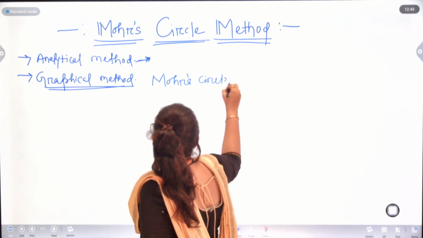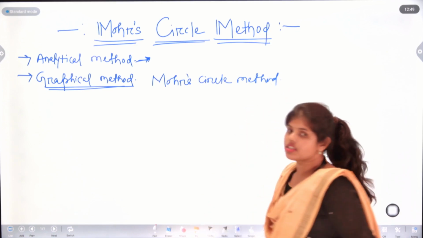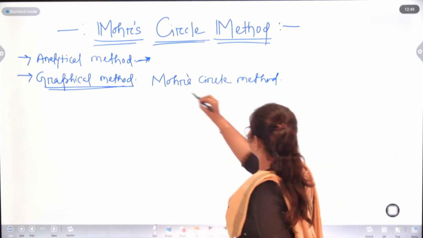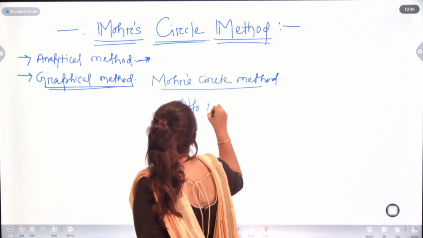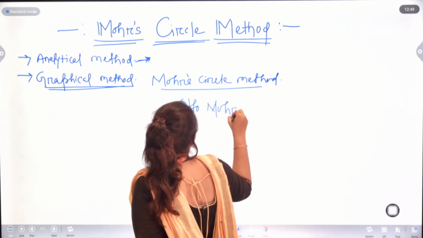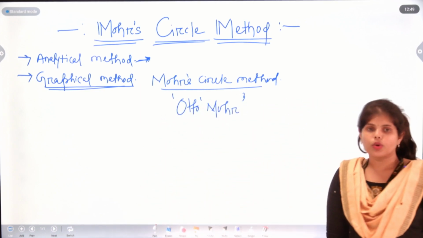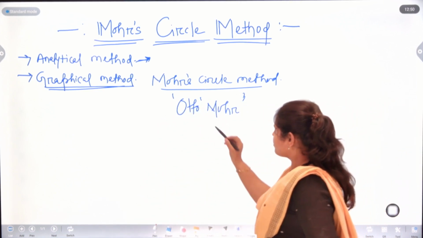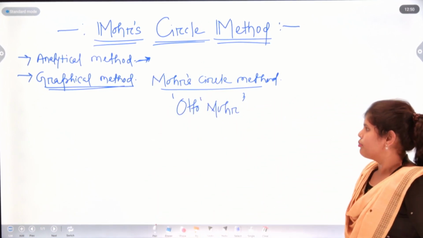This method was first developed by a German person, whose name is Otto Mohr. He is from Germany, and the method was named after him, the Mohr circle method.